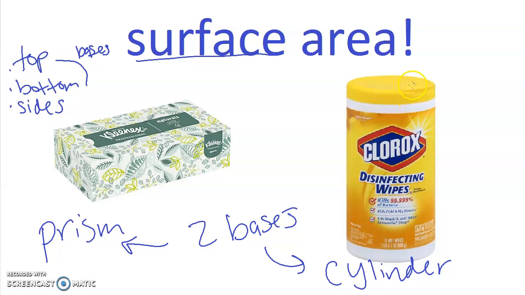If we want to talk about the surface area, we would talk about the top, the bottom down here, and everything around the sides. So today, keep in mind the top, the bottom, and the sides. All three of these things would give us our surface area.